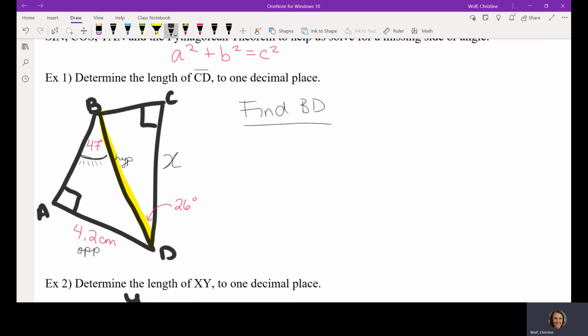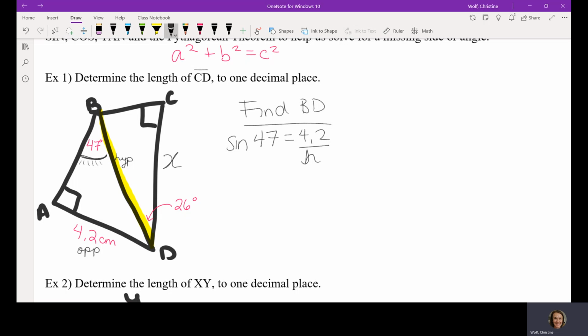So I'm given opposite, I'm looking for hypotenuse, opposite hypotenuse, OH, SOHCAHTOA, it would be sine. So it's going to be sine of the angle you're given equals opposite over hypotenuse. So opposite is my 4.2 over my hypotenuse. And I'll use the letter H here for hypotenuse because I can't use X, because X is for the other side I'm looking for. We're not looking for X yet.